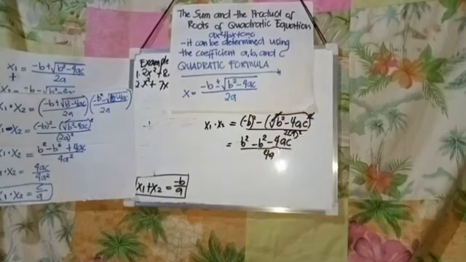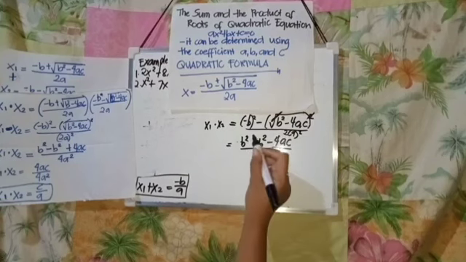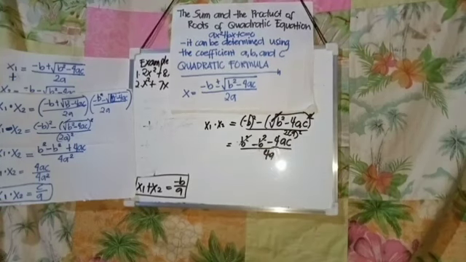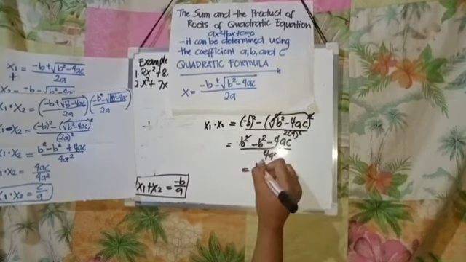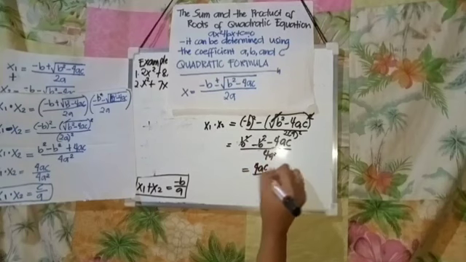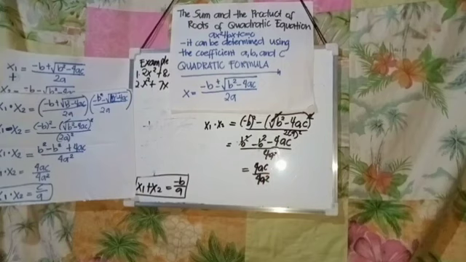Then we'll have the remainder of b squared minus b squared plus 4ac. Cancel this out. So the remaining value we have is 4ac over 4a squared. Since they are the same 4, we can divide.